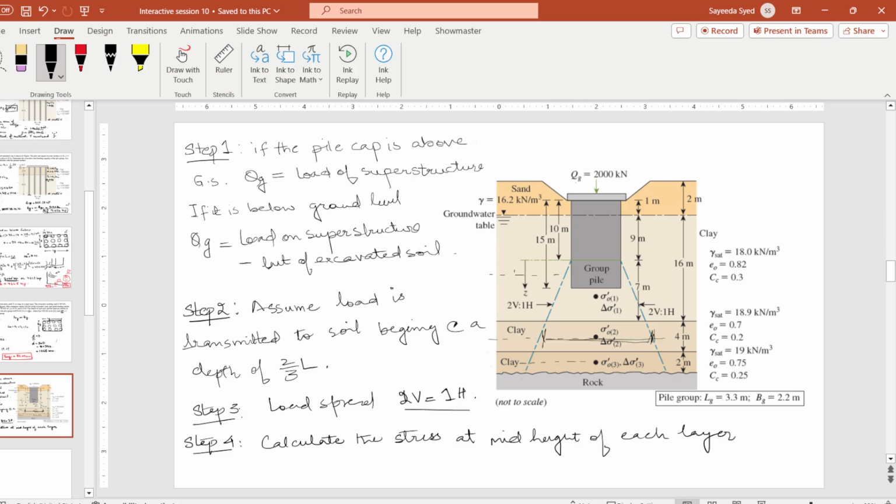Next step is delta sigma at height Zi, which will be equivalent to Qg over Bg plus Zi into Lg plus Zi. As I mentioned, it will spread in horizontal as well. Let me draw it here.